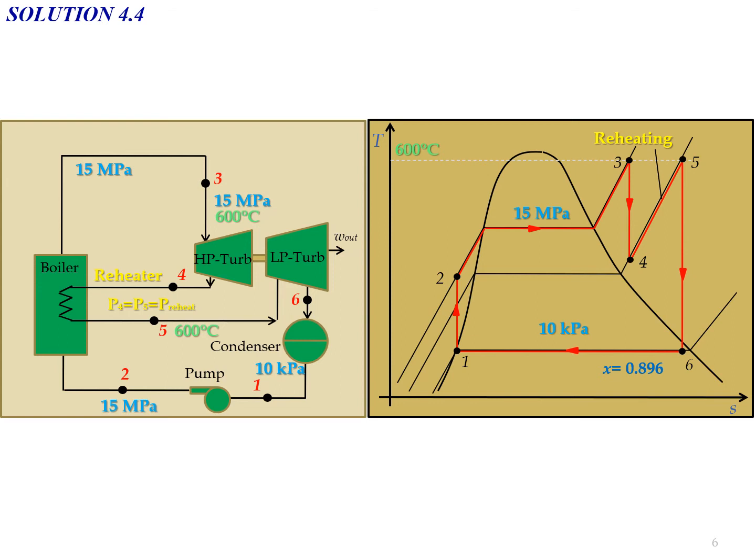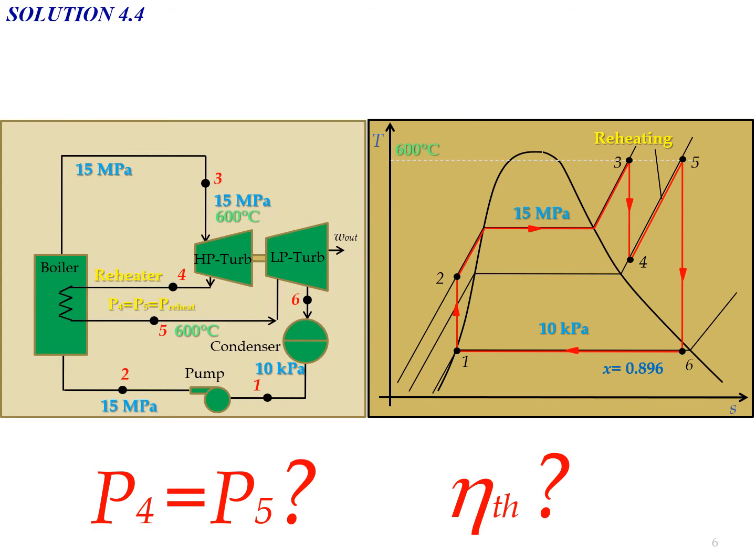The moisture content is X equal to 0.896, which is 1 minus X equal to 10.4%. What we don't know here is P4, which is equal to P5, and we need to know the thermal efficiency. So the question asks these two things. Let's look at how we answer the question.